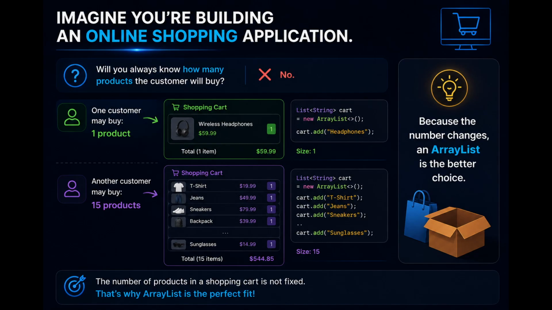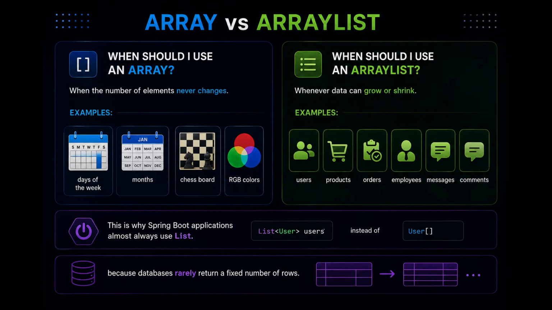So when should you use an array and when should you use an array list? An array is best used when the number of elements never changes. Array list, on the other hand, is for when data can grow or shrink.